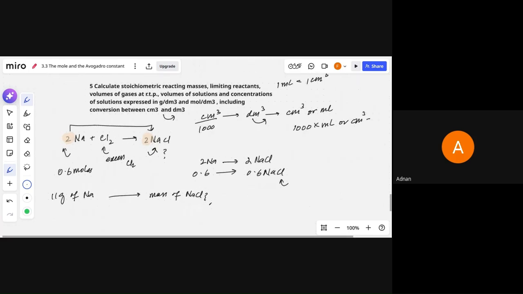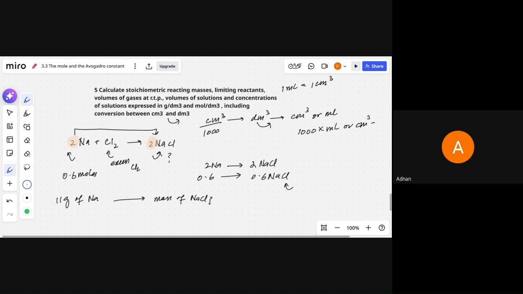In the balanced chemical equation, 2 moles of sodium are reacting. So you can convert this into grams, or you can convert the given mass into moles. In both ways you will get the same answer. So you can convert 11 grams into moles, and then when you get the moles of sodium chloride, you can convert it into grams.